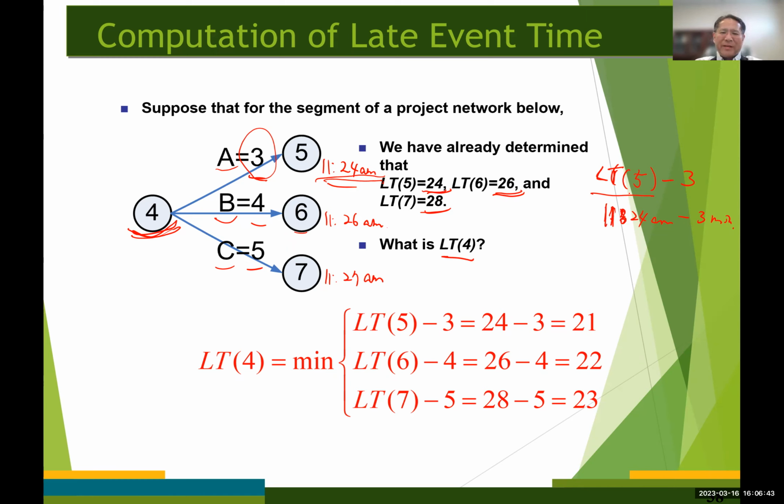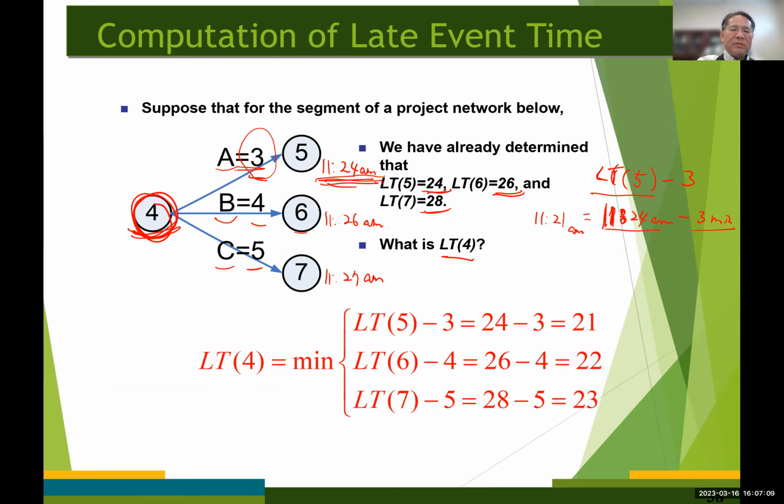So if the event corresponding to node number 4 occurs after 11:21, which is from this computation, right? 11:21 a.m. That is from 11:24 minus 3 minutes, right?